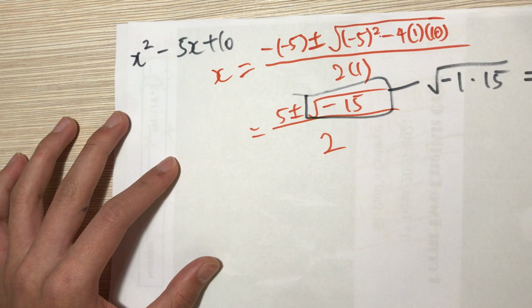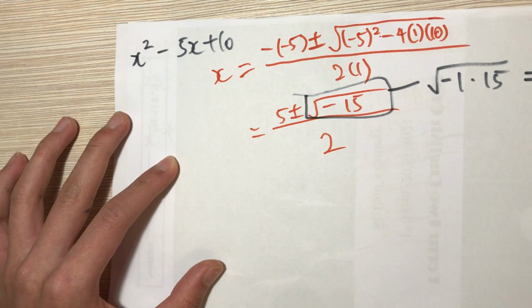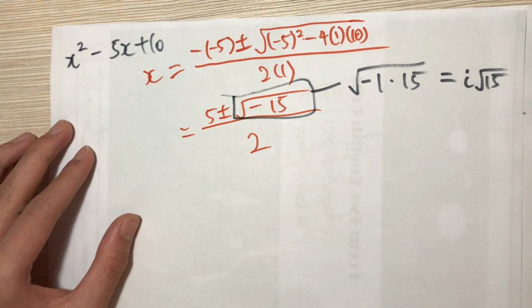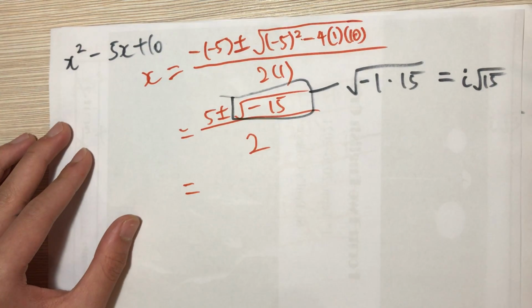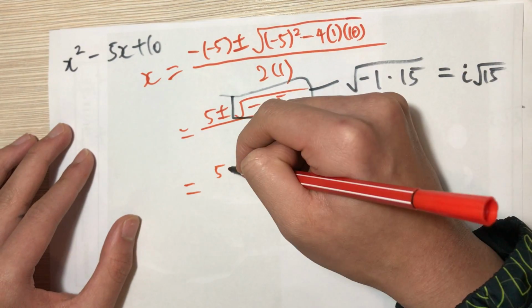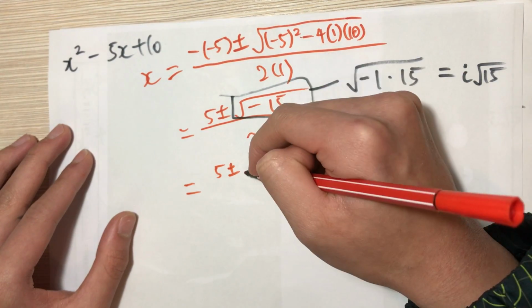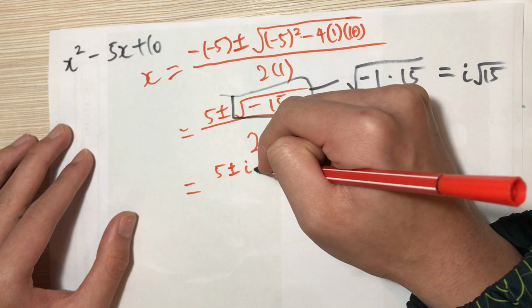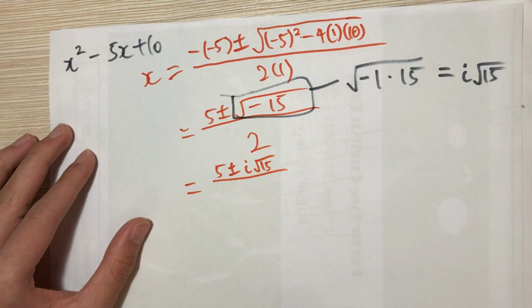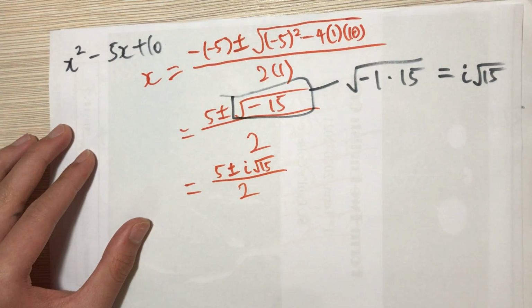Now the square root of -1 is just i, multiplied by square root of 15. Now we can get our answer. 5 plus or minus i square root of 15 over 2.